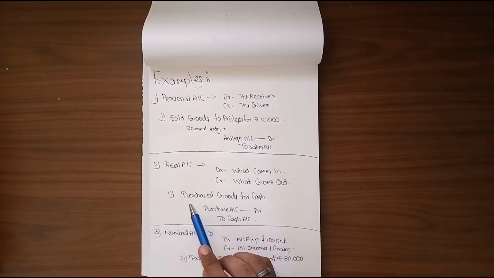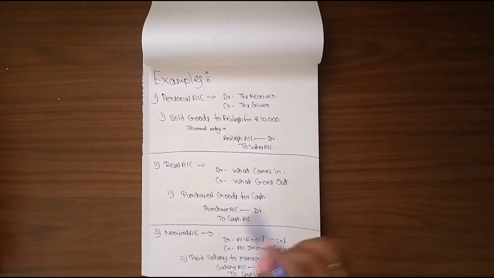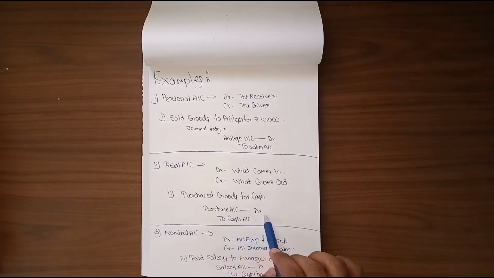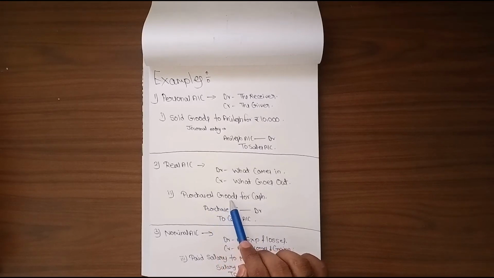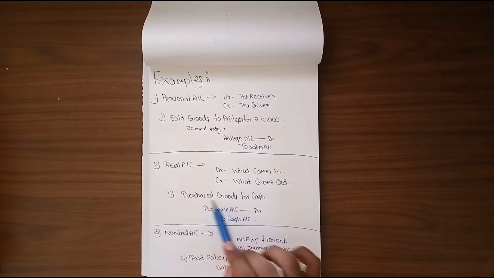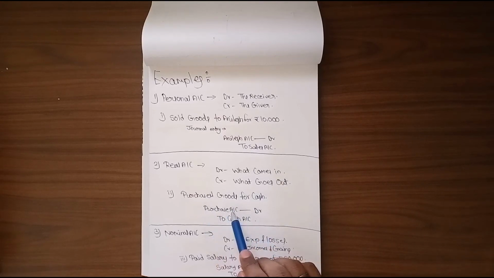So we are taking an example of purchased goods for cash, let's say 10,000 rupees. Here purchase account will be debited because we have purchased goods. Here there is no specification of what goods are there, so we will generally write purchase account only. Goods will be coming into the business, so we will write purchase account for that.